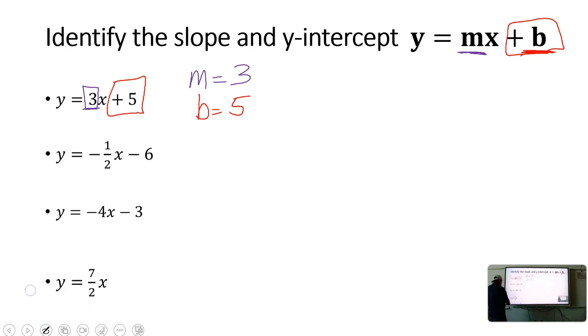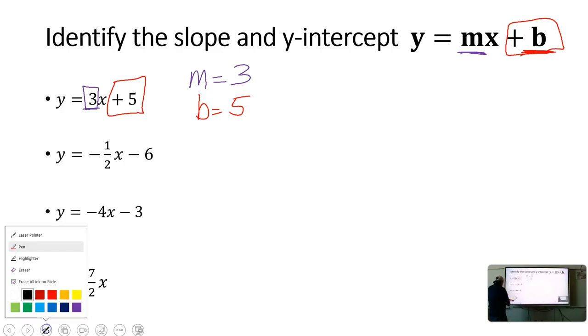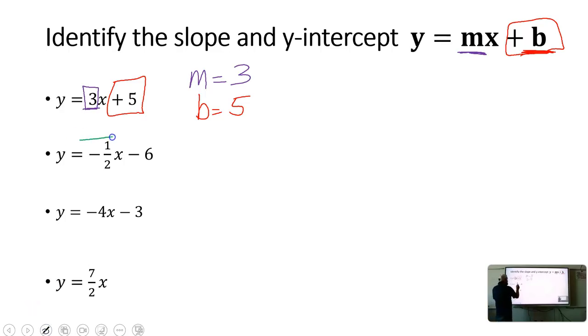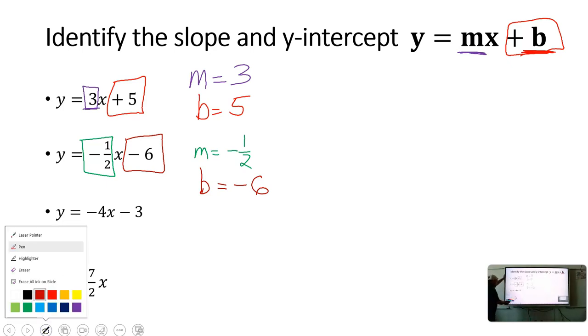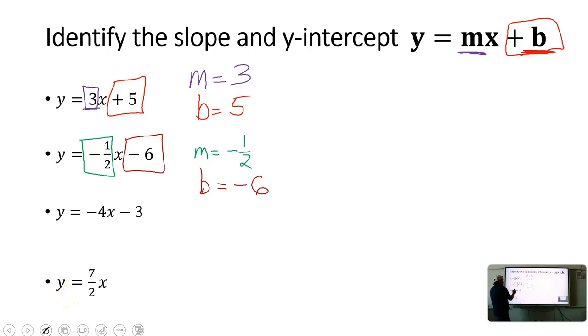All right, let's look at some others. In the next example, what is in front of the x? It's a negative 1/2. So my slope is negative 1/2, which would mean down 1, right 2. And where is my y-intercept? It's the number attached at the end. In this case, my y-intercept is negative 6. Looking at our next problem, what's the slope?